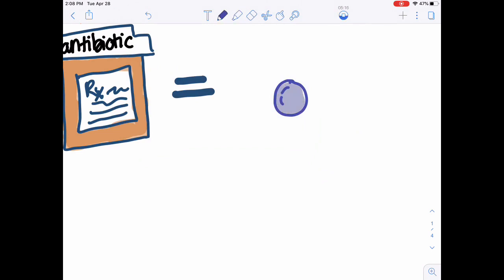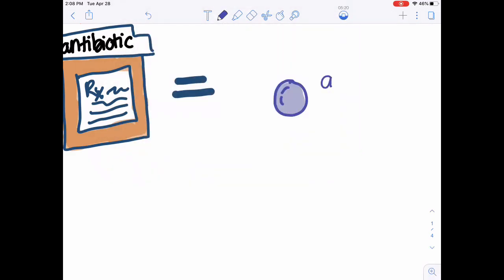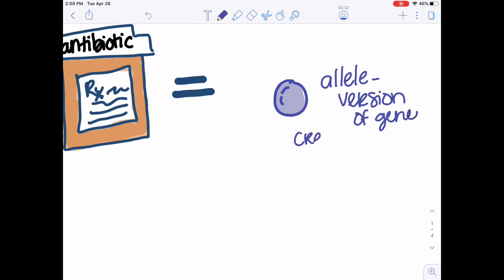That one bacteria has some sort of allele, some version of a gene that probably was created by a mutation that allowed it to live through that antibiotic.